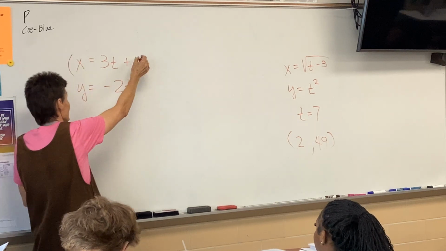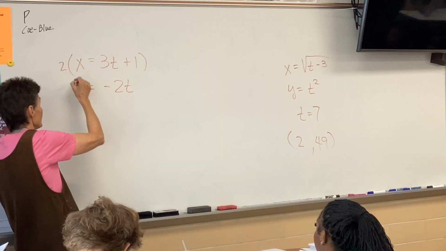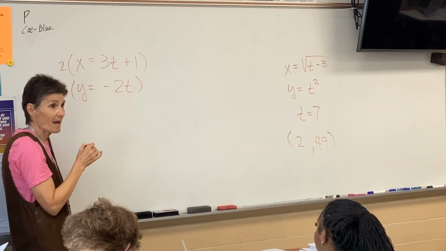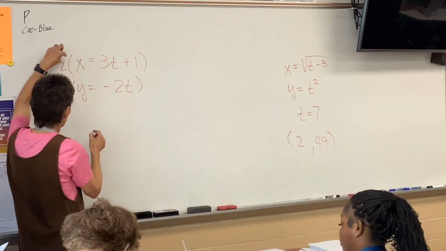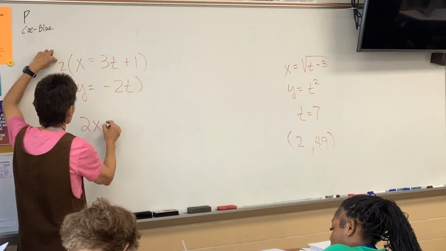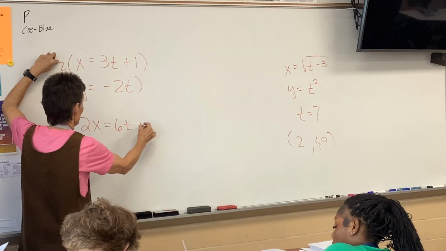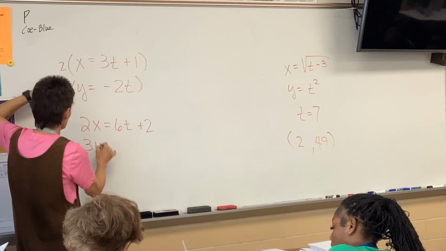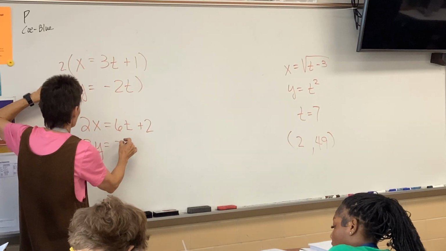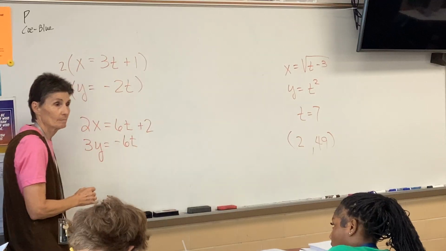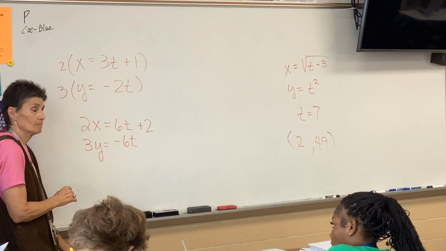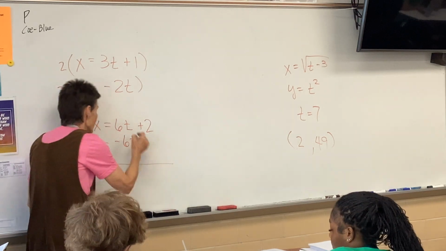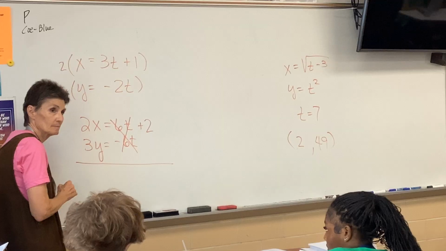But if I times this equation by 2 and this equation by 3, would the t's match? Yeah. So this equation would be 2x equals 6t plus 2. And this one would be 3y equals negative 6t. And then when I add them, the t's are gone.